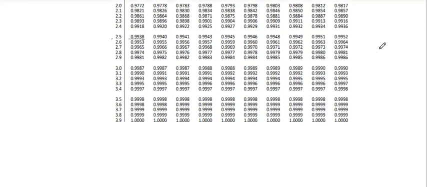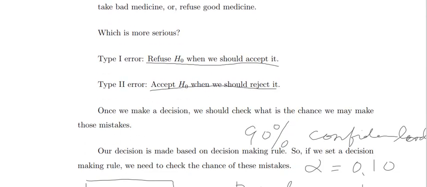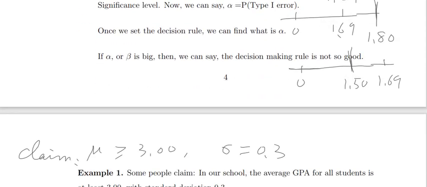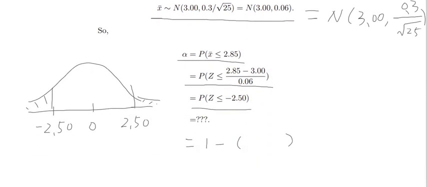So our probability is 1 minus 0.9938, right? So this equals 0.000062. So there's a probability that is really, really small.